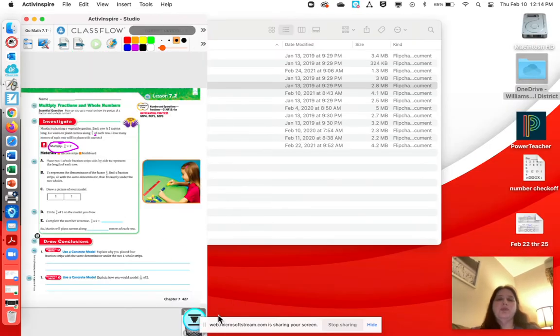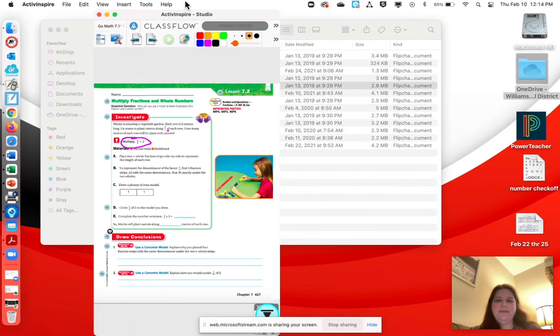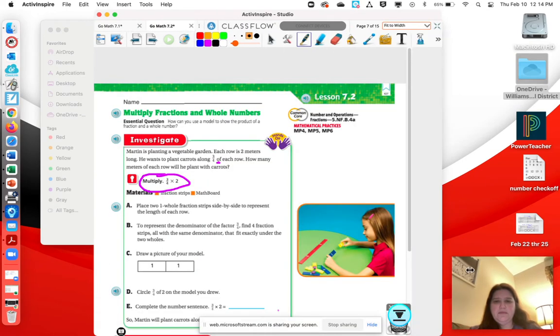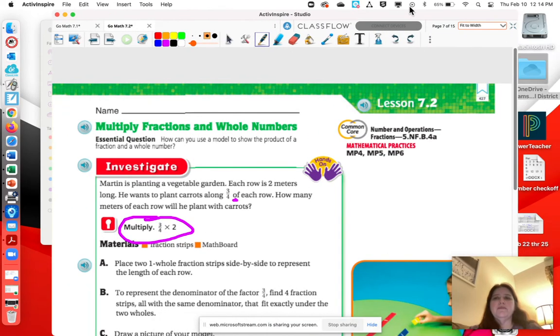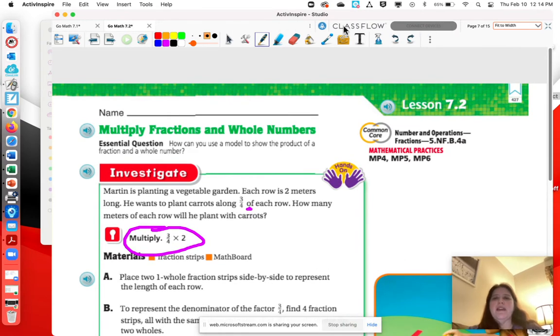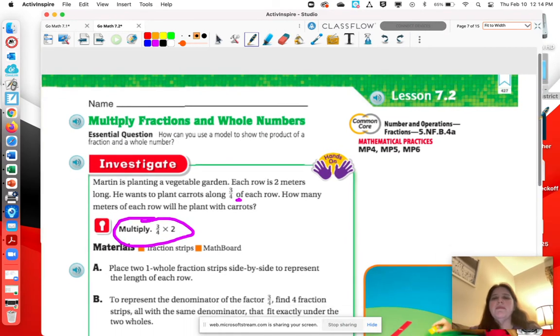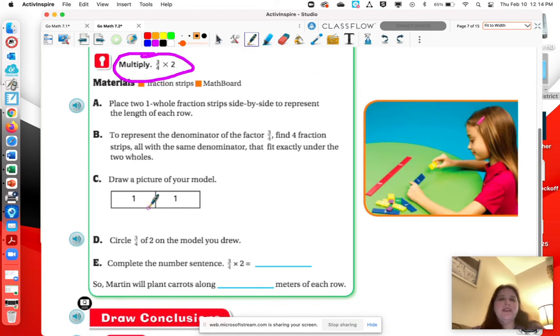So they put 2 wholes here. Sorry, let me pull that back. So they put 2 wholes down there. And what they want you to do is to cut these into 4. So underneath, I'm going to draw so that there's a 4th under each one.